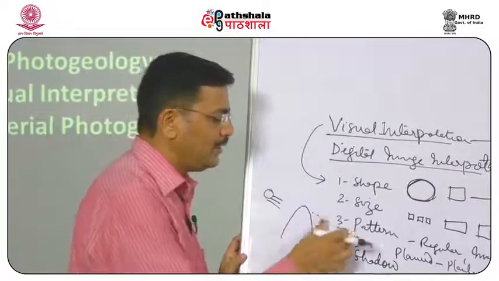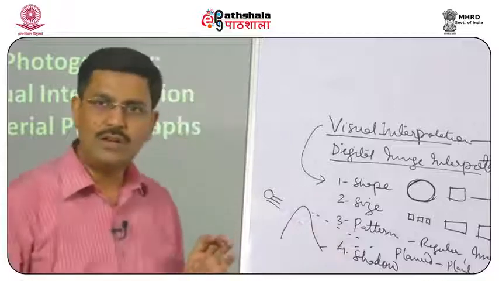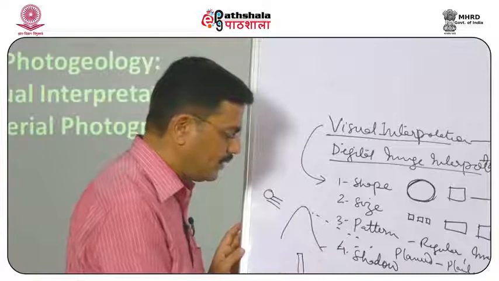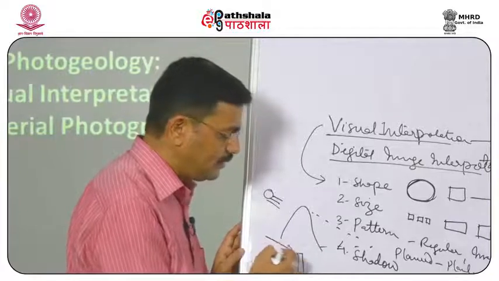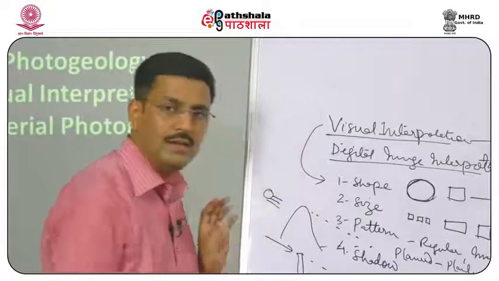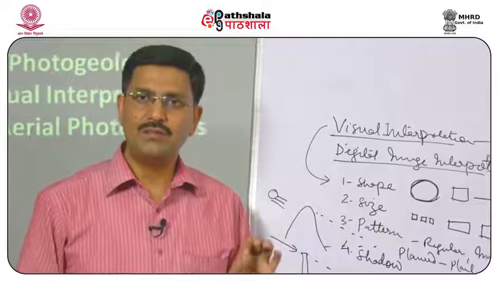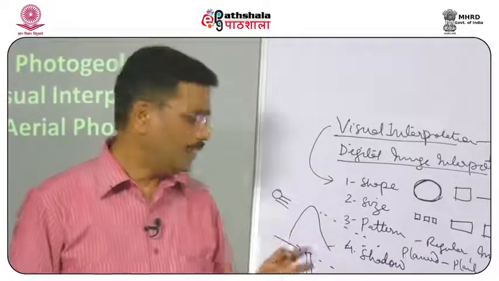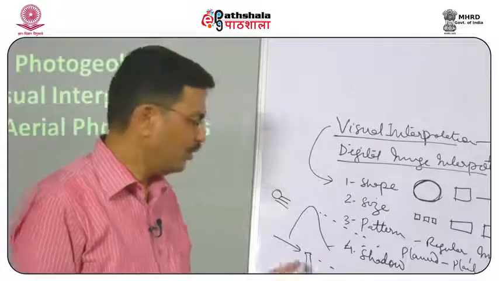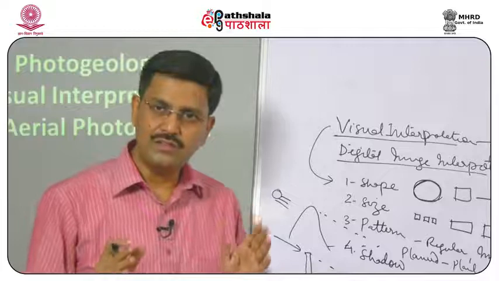So, you can measure the shadow and get the height of this mountain terrain. If you have a tall tower and the sun is from this side, you can see the shadow here and get the length, or the height of the building, by a simple calculation. So, shadow helps in identifying a particular object or feature.